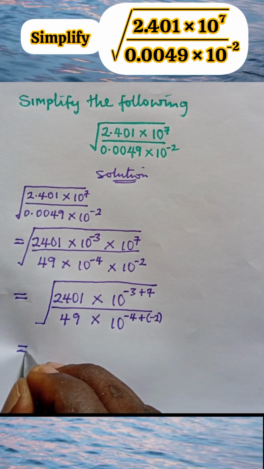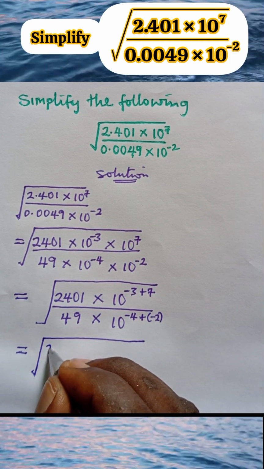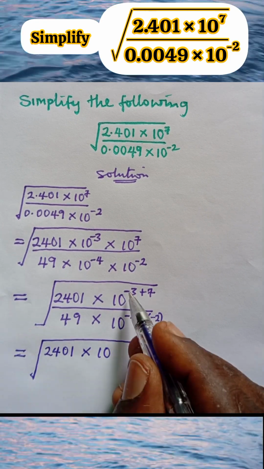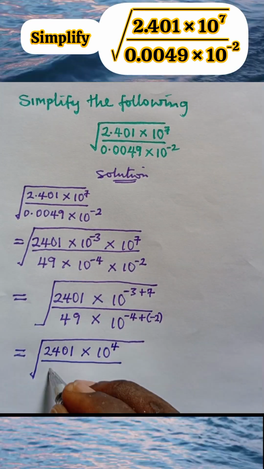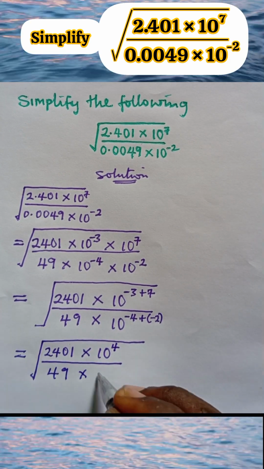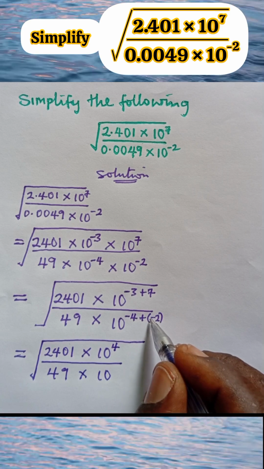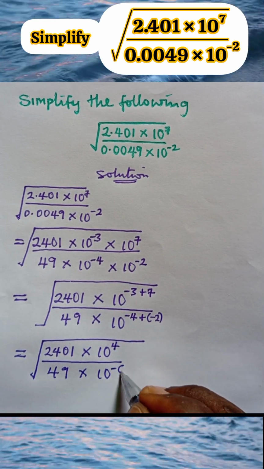So we continue. Let's put the square root. We have equal to square root 2401 times 10 to the negative 3 plus 7, which gives us positive 4, all over 49 times 10 to the negative 4 plus, times minus is minus, so we have negative 4 minus 2 gives us negative what? 6.